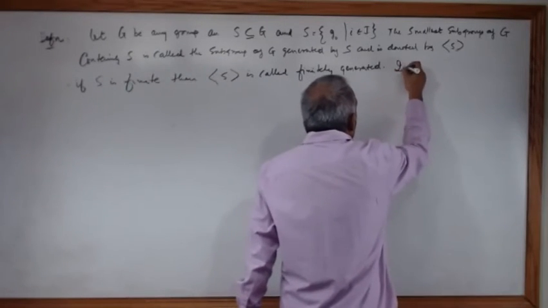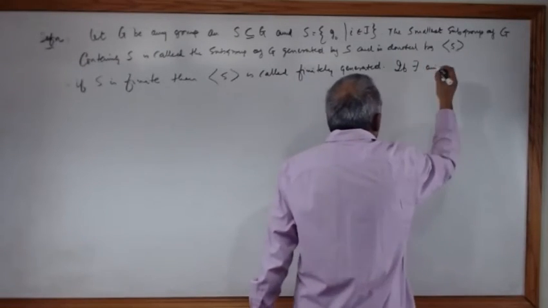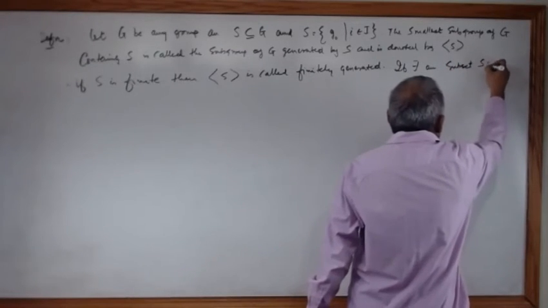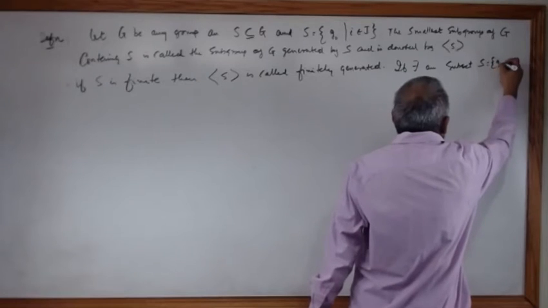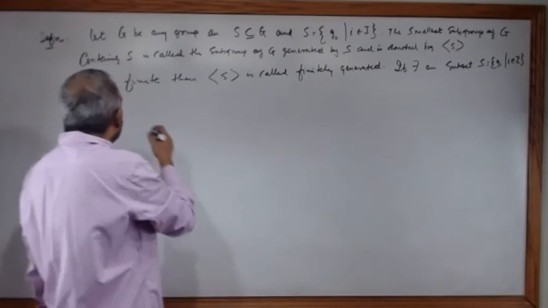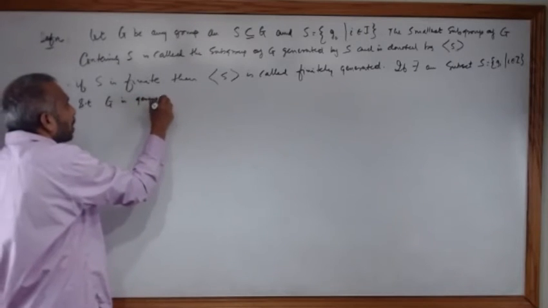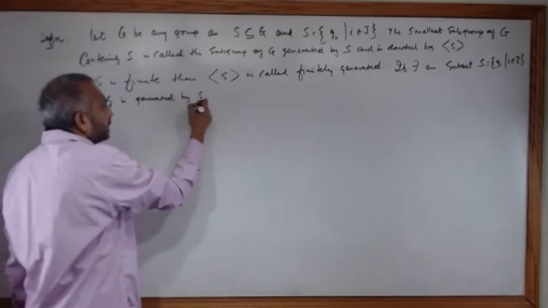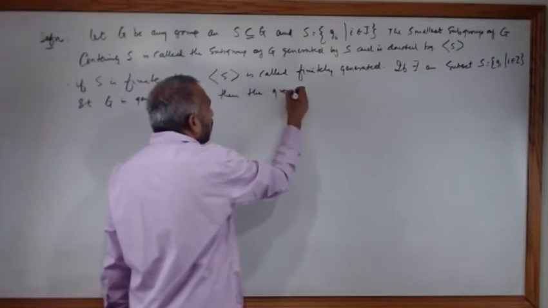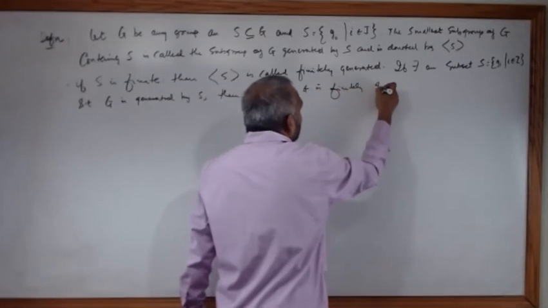Now, if there exists a subset S, Gi, i belongs to I, such that G is generated by S, then the group G itself is finitely generated.